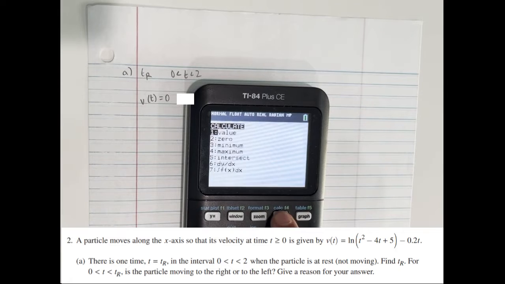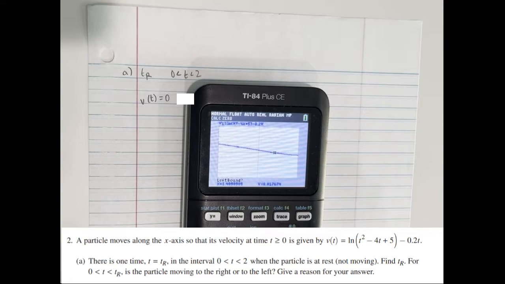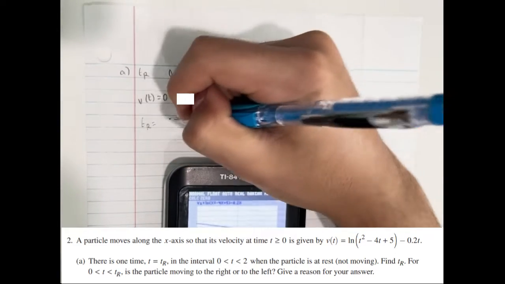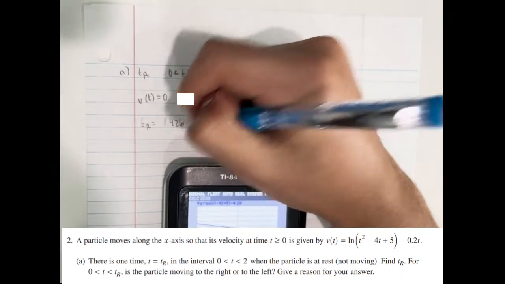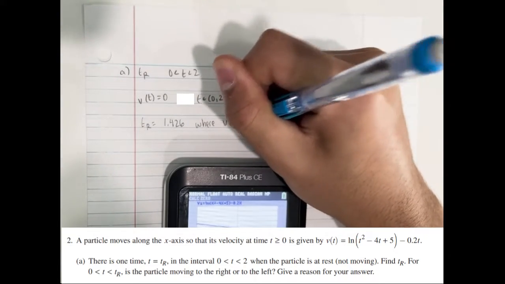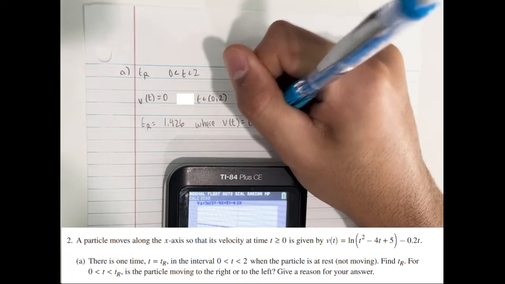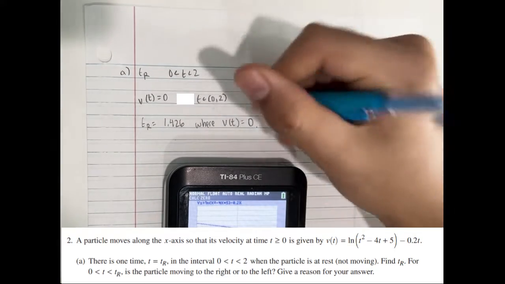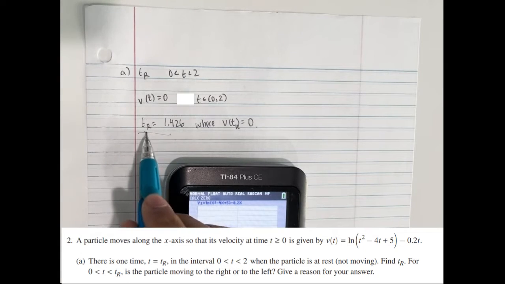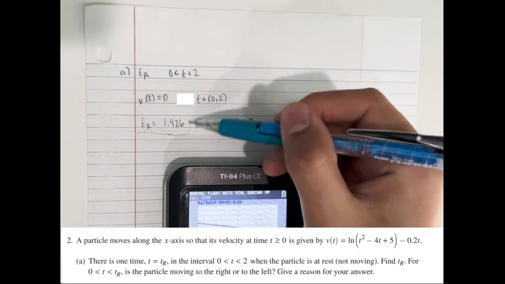So to calculate that, I'm going to do second calc zero and find that zero, and that is 1.426. All right, so that's the answer to the first part of question A.